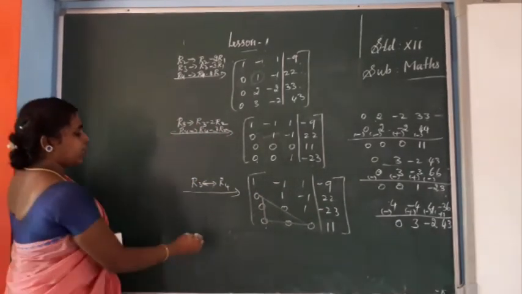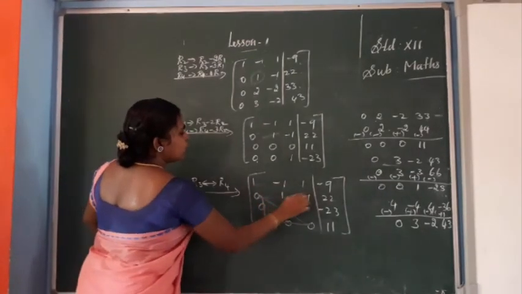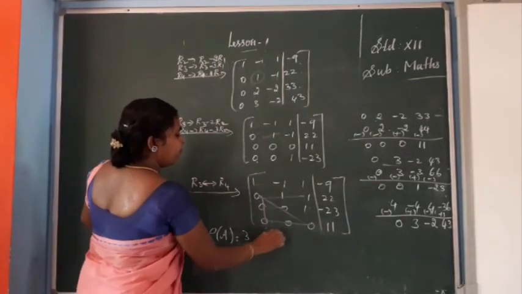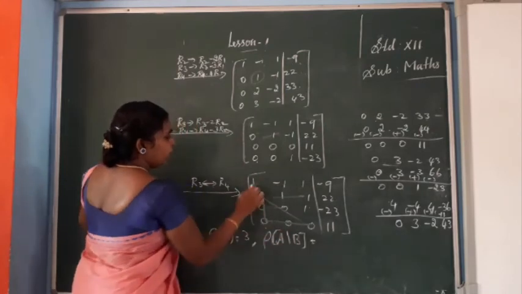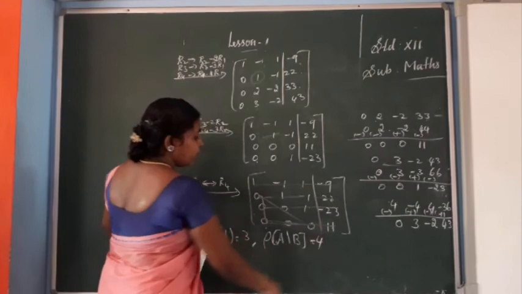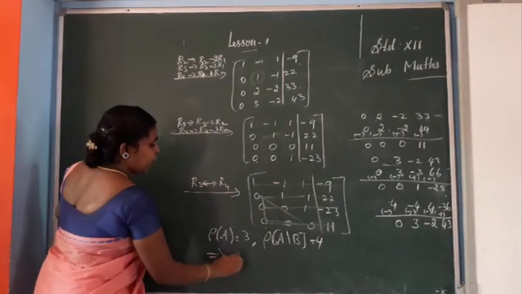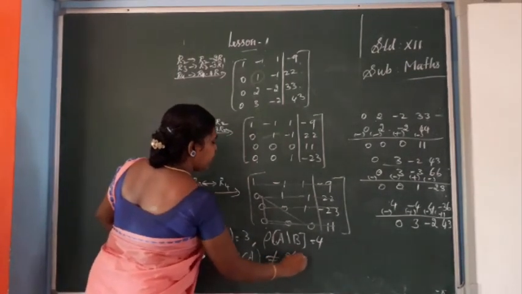Now you check the rank. So rank of A equal to, you see, the rank of A is 1, 2, 3, isn't it? So rank of A equal to 3. Next, you check the rank of AB. So rank of AB equal to 1, 2, 3, 4. So 4. Now check, both are not equal, isn't it? So which implies rank of A not equal to rank of AB.